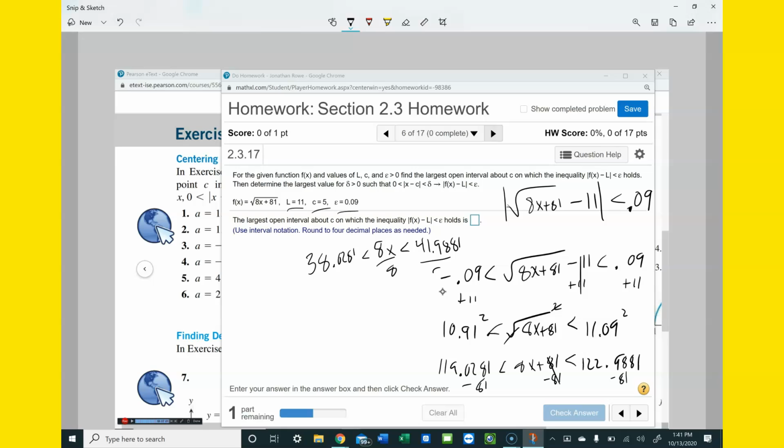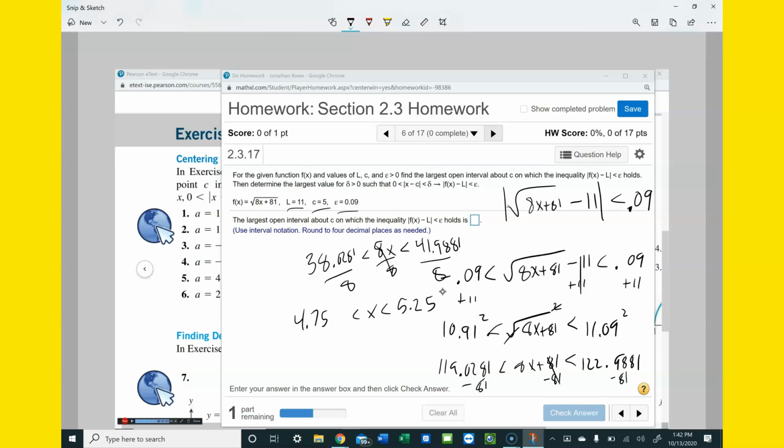Now divide by 8. I get 4.75, that's just rounded, and 5.25. Let's round it to that.